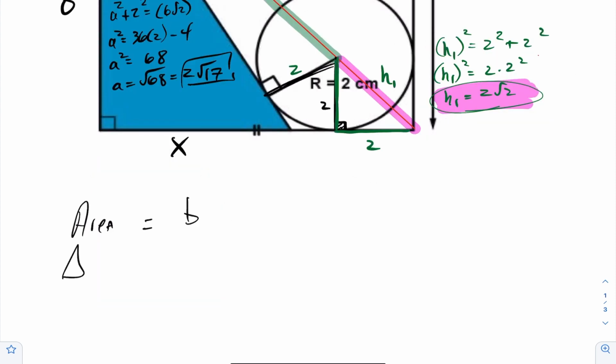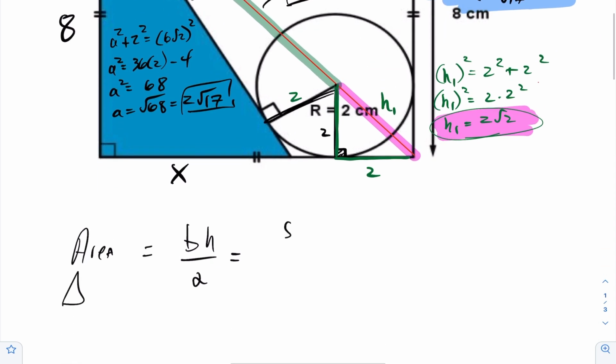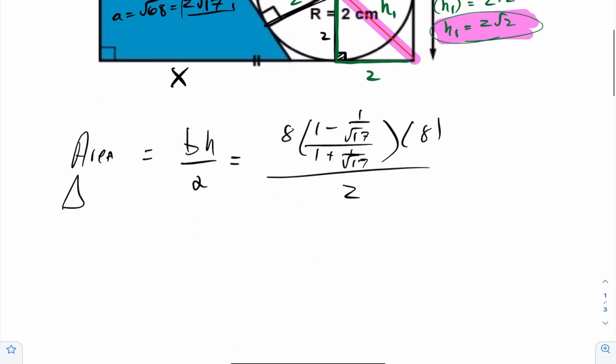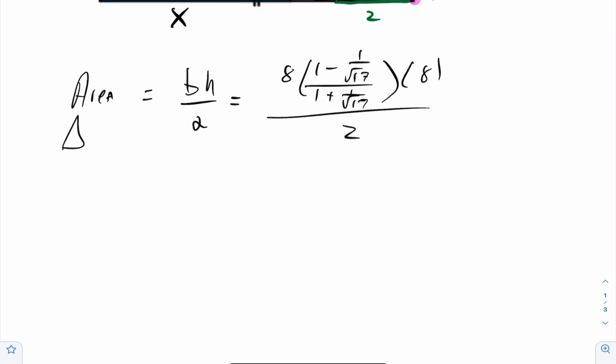So the area of the triangle will be base times height divided by 2. My base I know is equal to 8 times 1 minus 1 over the root of 17 divided by 1 plus 1 over the root of 17. And then the height we know is 8, and we're dividing that by 2. So we want to do this calculation here.